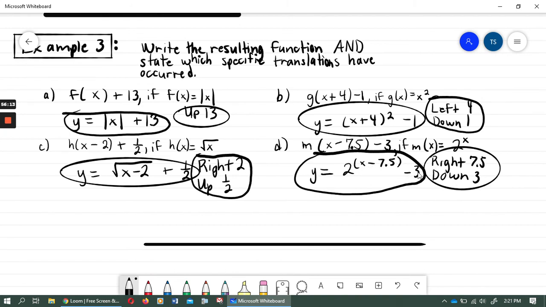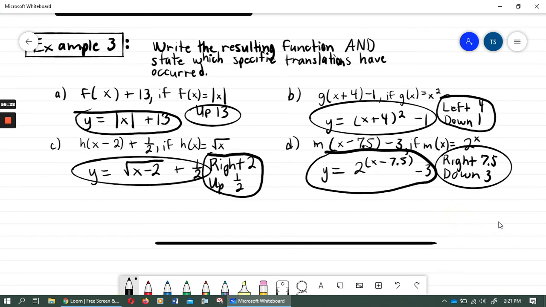And then on the outside of the function, minus 3. And the minus 3 is not a part of the exponent, okay? Only the x minus 7.5 is a part of the exponent. All right, so those are all of the examples that we're going to do here.